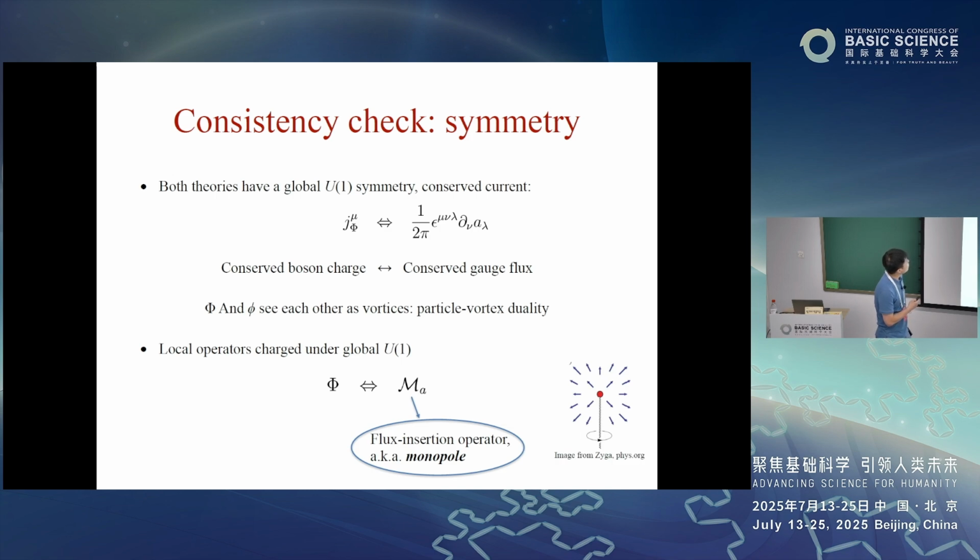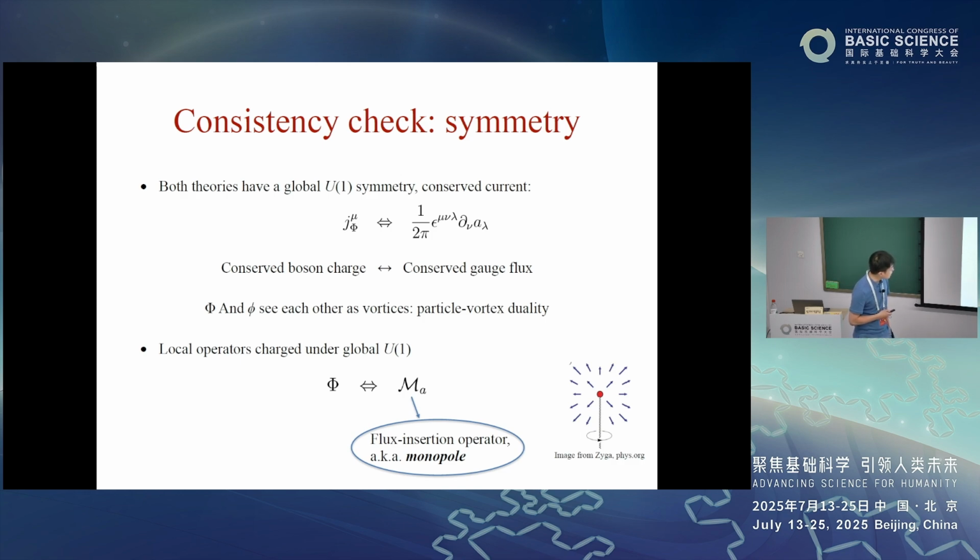For one, both theories have a global U(1) symmetry. In the φ^4 Wilson-Fisher theory, you have essentially particle number conservation. And on the gauge theory side, the corresponding conserved current is just the gauge flux. So this is naturally conserved. The continuity equation is satisfied trivially.